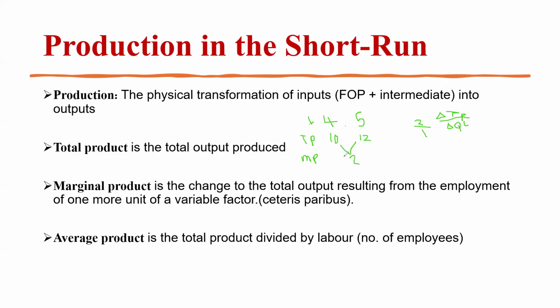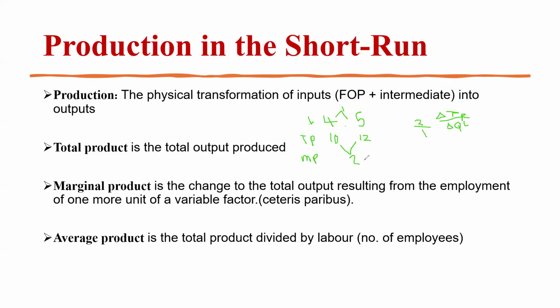So you can see now that when you employed the 5th worker, this additional worker here, because we had 4, then you added this one, then there were 5. So when you employed this worker here, the total product increased by what? By 2 units, right?